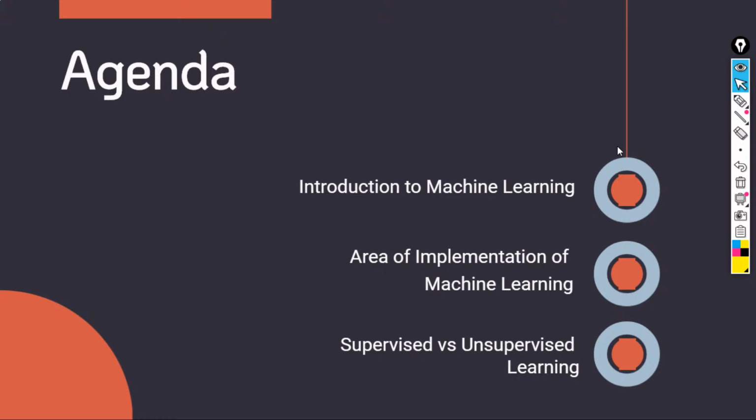Then we would be understanding the two kinds of machine learning, that is supervised learning and unsupervised learning, how they are different from each other, and some examples to follow as well. So without wasting time, let us quickly move on to the topic.